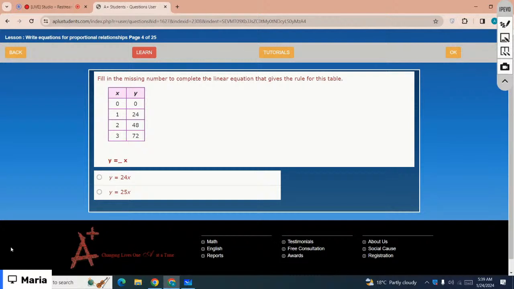The correct option is y equals 24x. Option number 1 is the correct option.